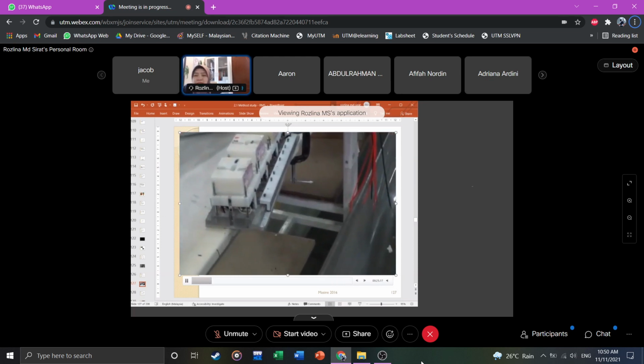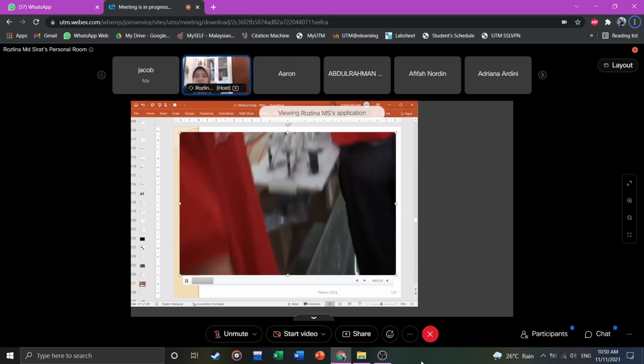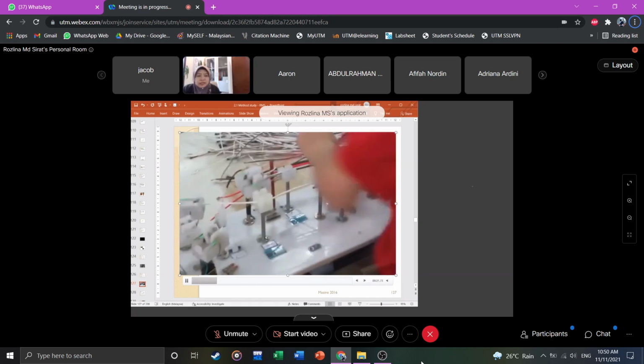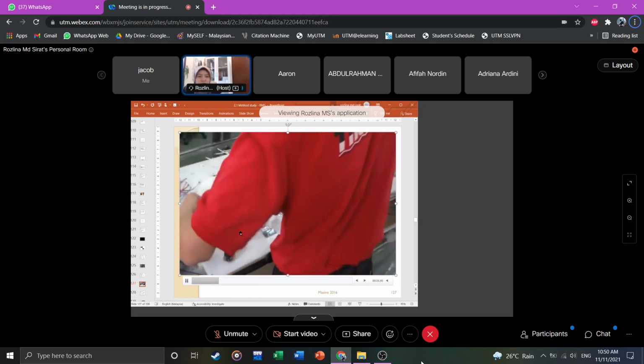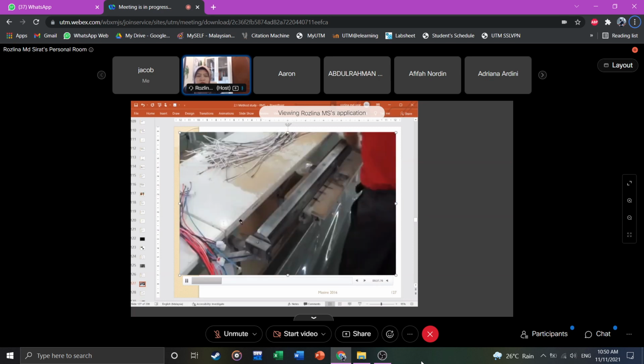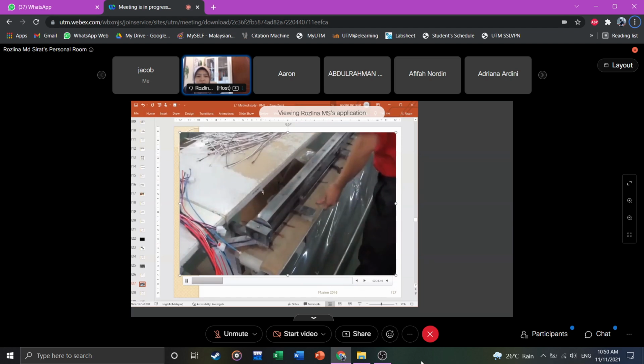Okay, comment on the design. They have jigs and fixtures here again. You can see these are fixtures. So what is the use? What is the benefit of the fixtures here?